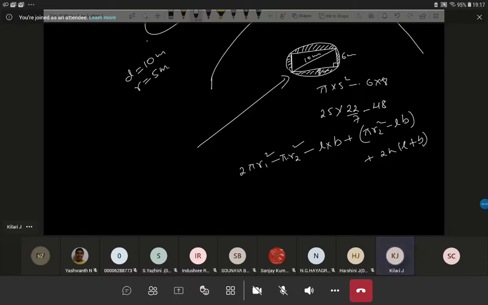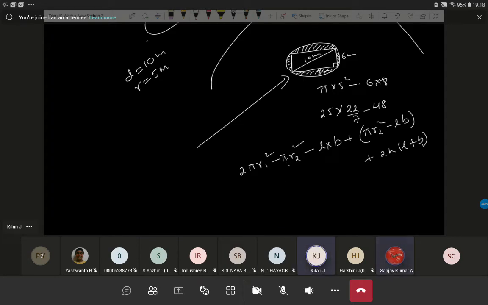Is it okay? Any correction required here? Sir, I am not able to understand the minus pi r2 square, can you repeat that step again, sir?